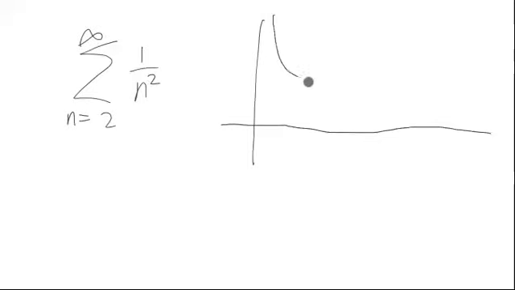So this is a function that comes down and gets closer to this axis as we go that way. And we're starting at 2. So let's think about how to picture this series here.